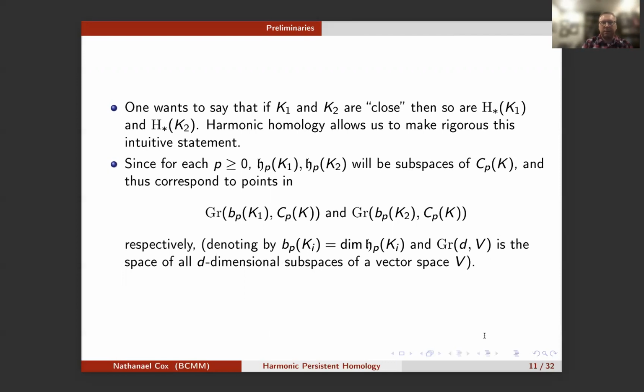So for any p greater than or equal to 0, H_p of K1 and H_p of K2 will be subspaces of the chain space, and therefore they'll correspond to points in these Grassmannians, where b_p(K_i) is the dimension of the harmonic homology subspace of K_i, and Gr(d,V) is called the Grassmannian, the space of all d-dimensional subspaces of a given vector space V. And so the d in this case is our b_p(K_i), and the vector space V is C_p(K).